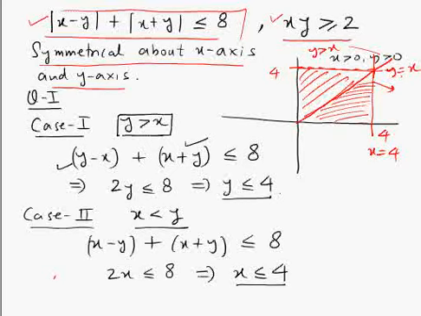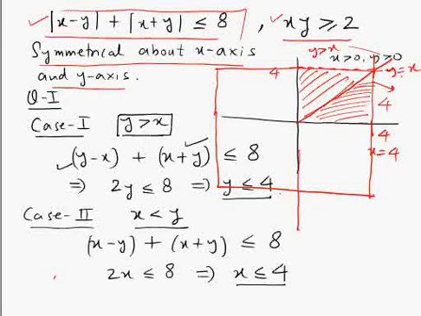We discussed that it is symmetrical in both the axes, so whatever we have plotted in the first quadrant we will take the image of that in the other quadrants, first about the y-axis and then about the x-axis. So finally we'll get a bigger square. This length is 4, so the bigger square has a side length of 8 units.